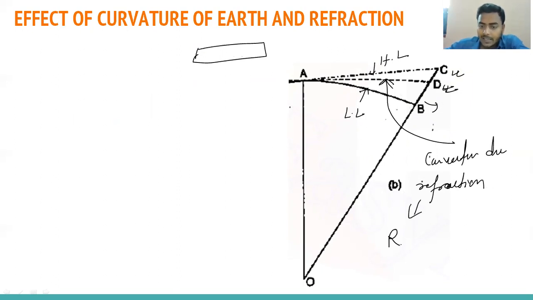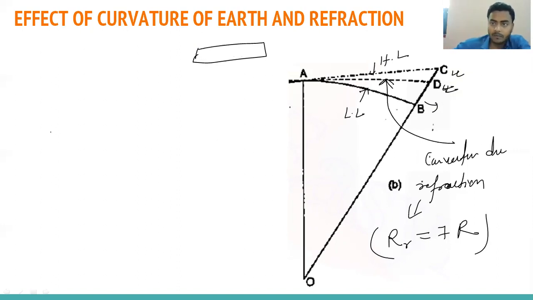It has a radius, I'm writing RR, the radius. So this radius is almost 7 times the radius of Earth. The curvature that is formed by refraction, the radius of that curvature, is 7 times the Earth's radius, 7 times of Earth, right?